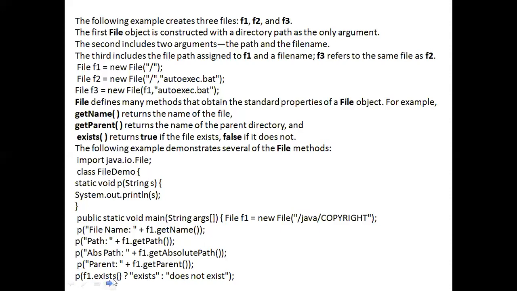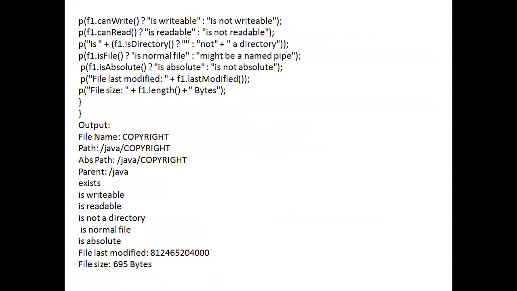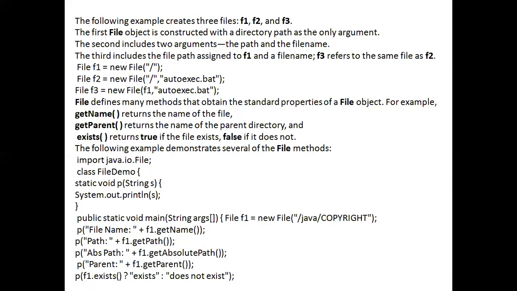Here we have three parts. The first one is nothing but an expression. If that expression is true, then the second statement is going to be displayed. If the expression is false, then the third statement is going to be displayed. That is the rule of the conditional statement. So here the output for f1.exists is "exists".